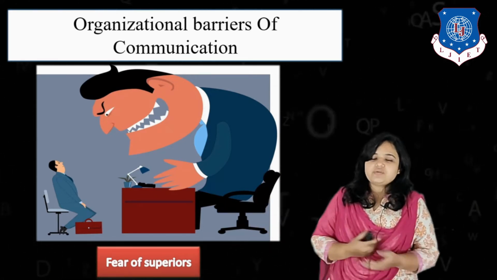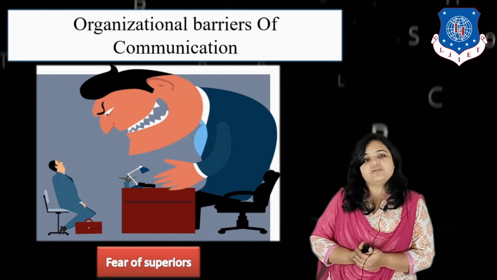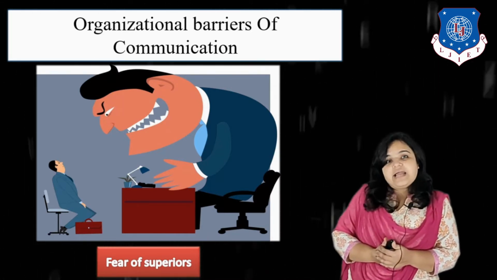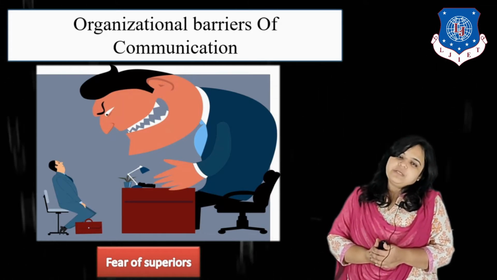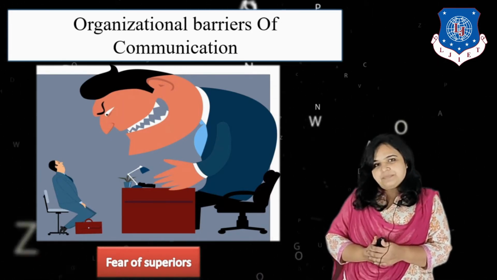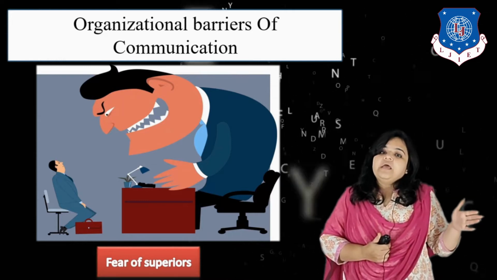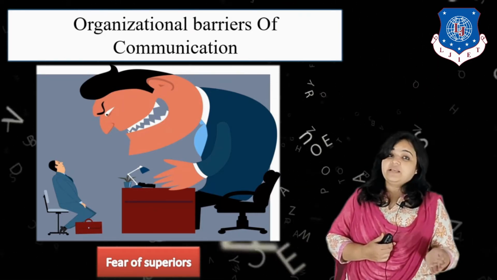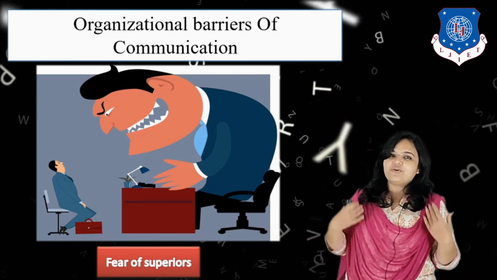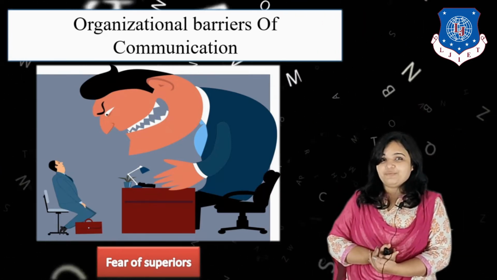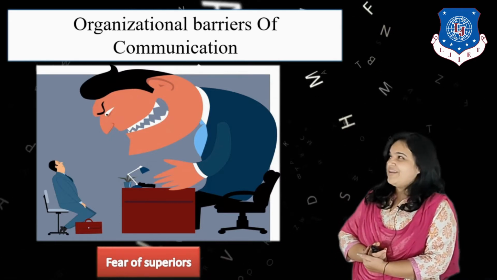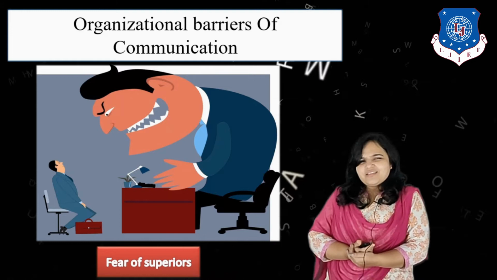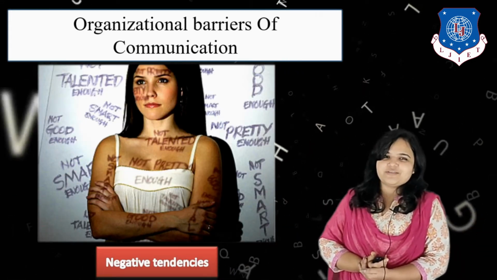This leads to incomplete, inefficient communication. They do not want to go against the ideologies or ideas of their superiors and they do not want to say something which is not in favor of their superiors, which leads to miscommunication, incorrect communication and the employees' viewpoints not being correctly portrayed. But what to do? Our job is in his hands, right? So it's okay, but this too is a barrier.